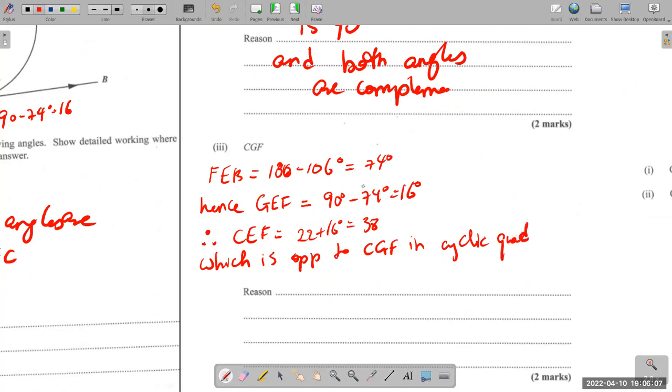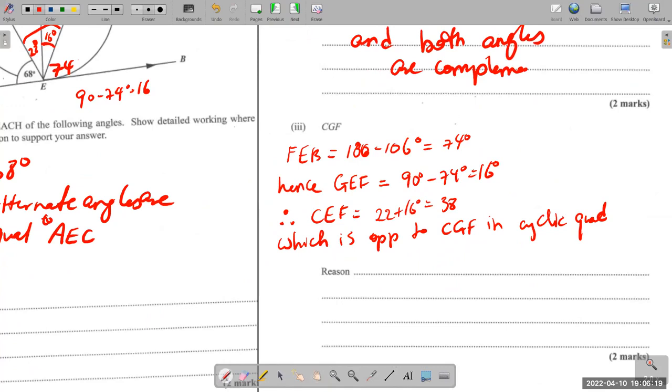Everybody understand how I wrote this down and broke it down? All I'm doing is showing my calculations. I start off with this, I get that. And I'm going to be honest with you, there is another way to find it. I'm just too tired right now, but don't be afraid to experiment.